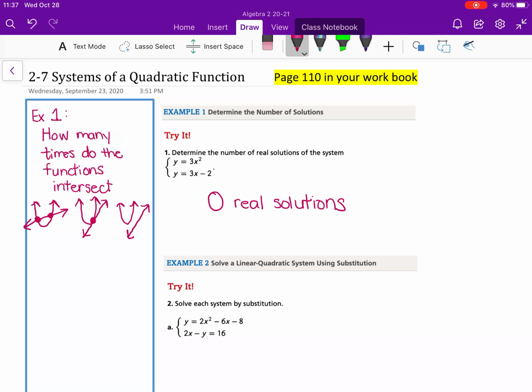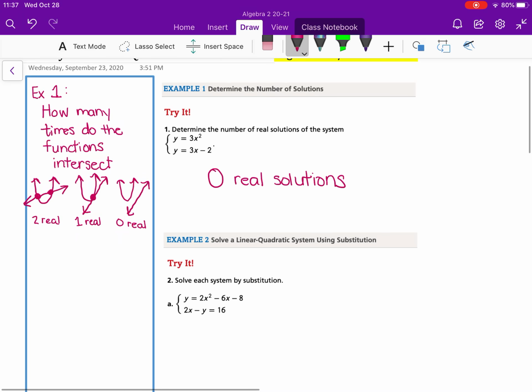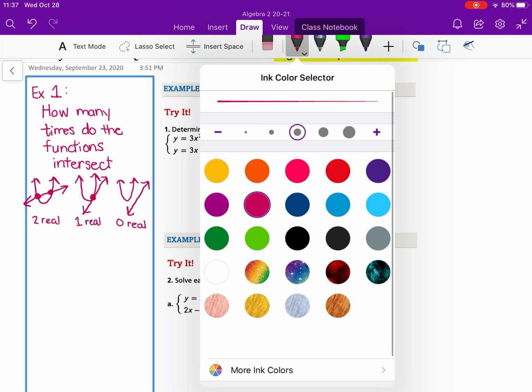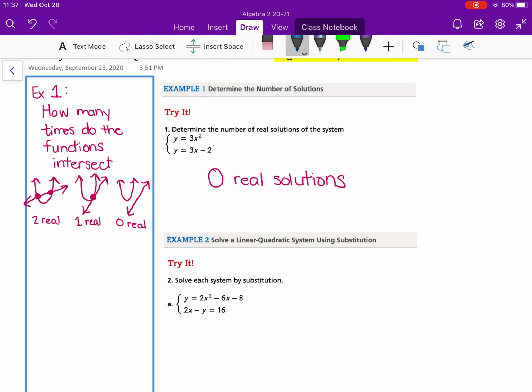So my possible types of answers are 2 real, 1 real, or 0 real, which would mean that they would have imaginary. So recall that from the discriminant in the last section. Okay, moving right along. So that was a quick one. That's all it wanted. It just wanted to know how many, not what they are.